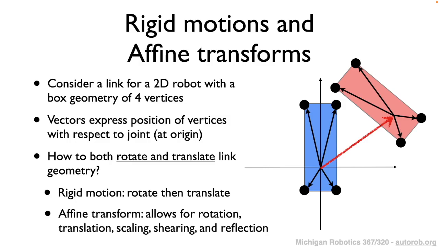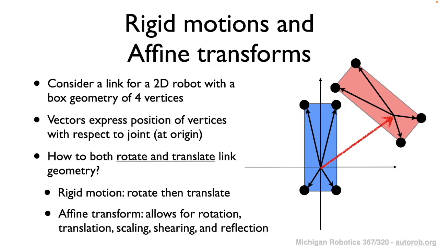For this class, we're just going to be focusing on rigid motions, so translation and rotation, since we'll assume that our robot geometries are rigid body objects. And so these rigid motions can compose rotation and translation together to transform these vertex locations within each robot link.